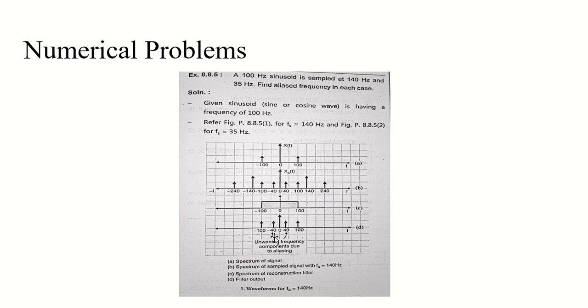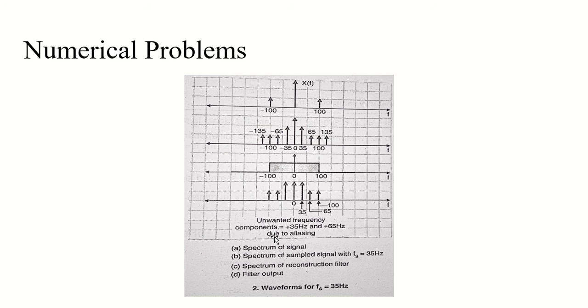The second is 35 hertz. So let's see for the 35 hertz as well. Again, my original signal is 100 hertz, so you will write 100 hertz here. The reconstruction filter will remain the same, but the sampling is happening at 35 hertz, so the spectrum of sampling would take place at 35, right?